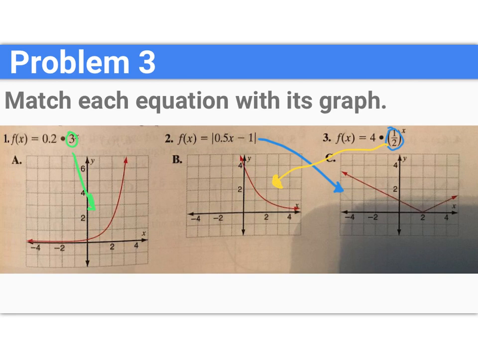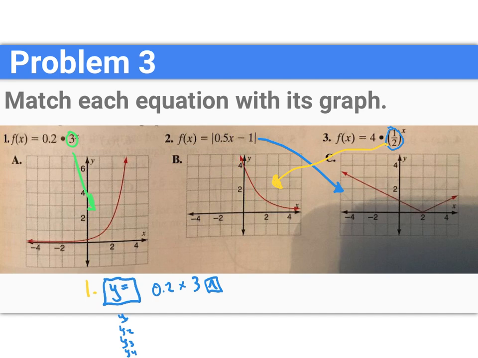Let me show you how to put one into a TI calculator. The buttons you would hit are the Y equals, the top light gray button at the top left. Then you're going to see on the screen Y1, Y2, Y3, Y4, and so on. Then you hit 0.2 times 3, the caret button, which is above the division sign.